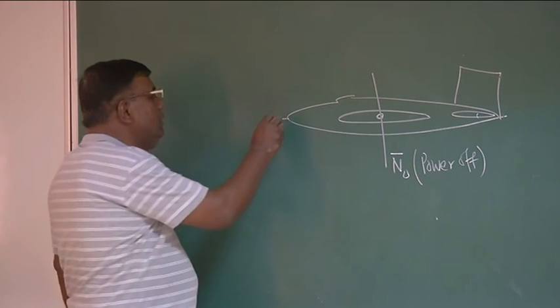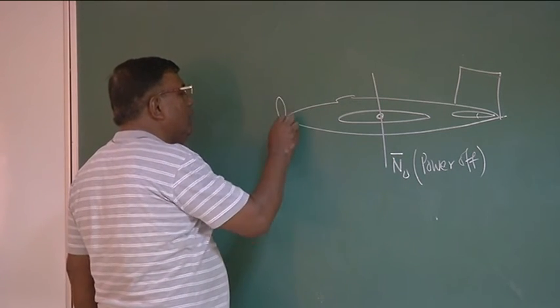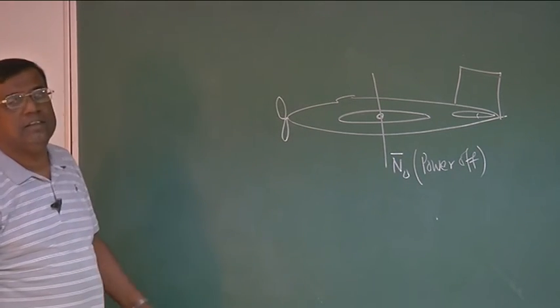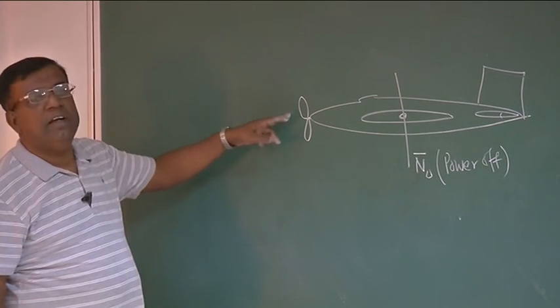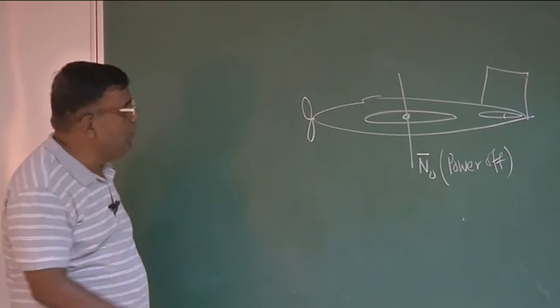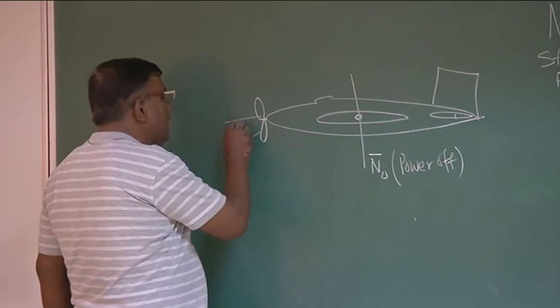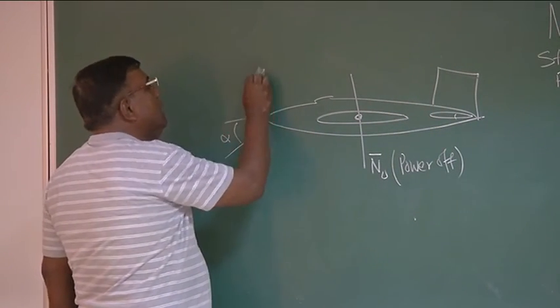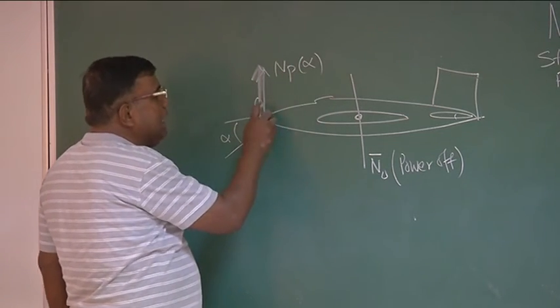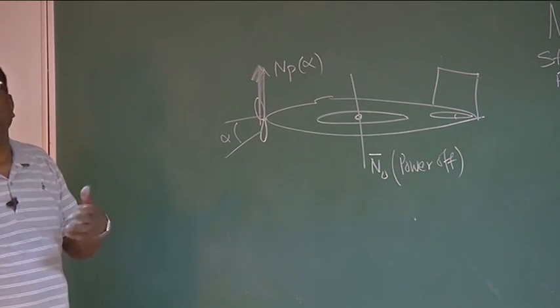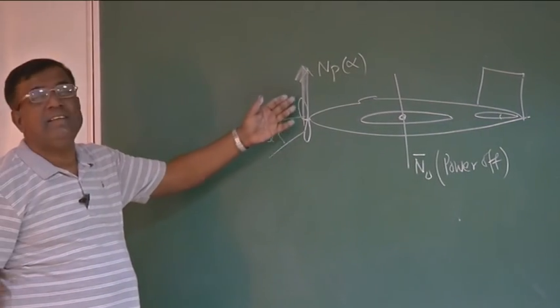Now suppose the engine is kept somewhere here, nose mounted, let's say an IC engine, piston driven engine. The propeller is here. The moment this propeller is here ahead of CG, we know that at an angle of attack alpha it will generate a normal force here as a function of alpha, and that will make this aircraft less stable, because it is destabilizing in nature.